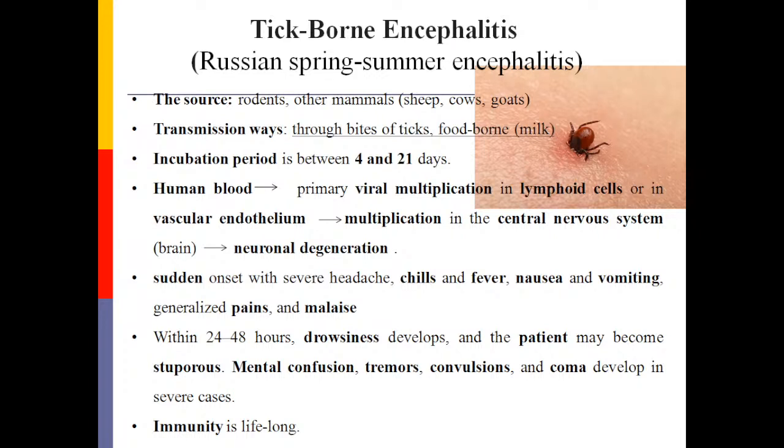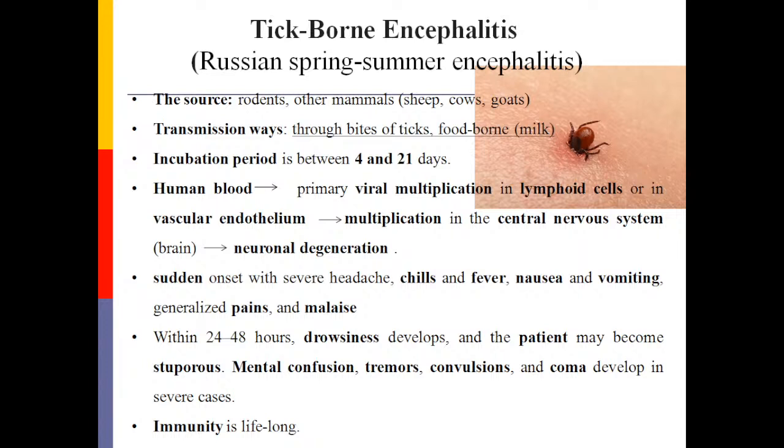Disease starts suddenly with severe headache, chills and fever, nausea and vomiting, generalized pains and malaise. Within 24 up to 48 hours, drowsiness develops and the patient may become stuporous, when he or she doesn't understand who she or he is.